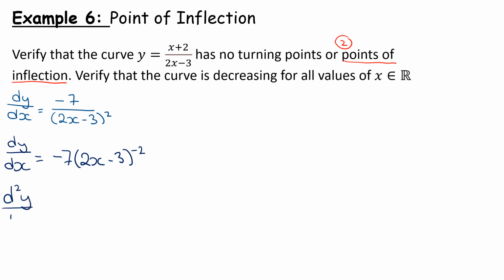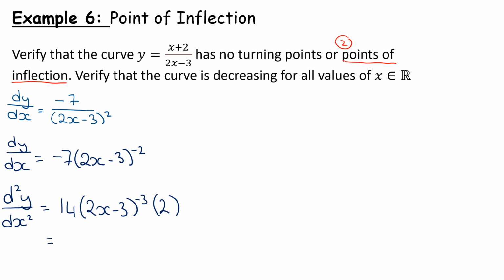So there's d squared y/dx squared. So the chain rule is minus 7 by minus 2. So bring down the power, take 1 away from your power. So it's minus 2, take away 1. So watch out there, minus 3. And then you have to multiply it by the derivative of what's in the bracket, which is 2.